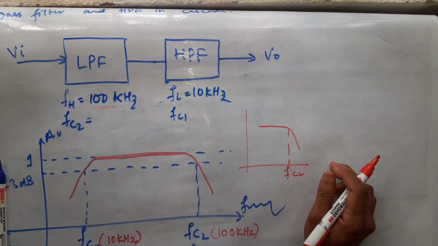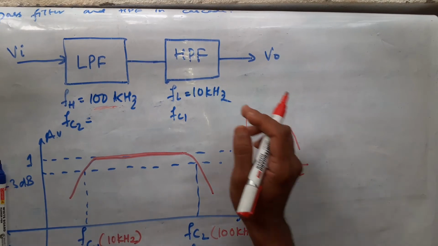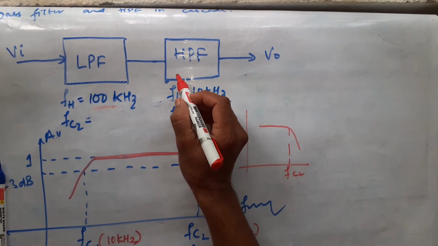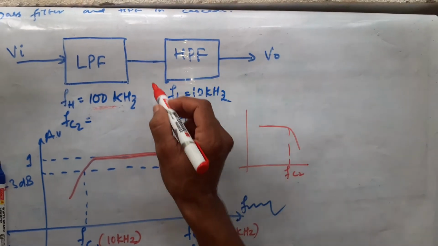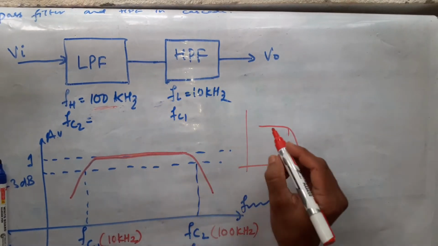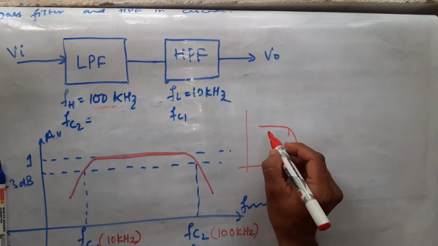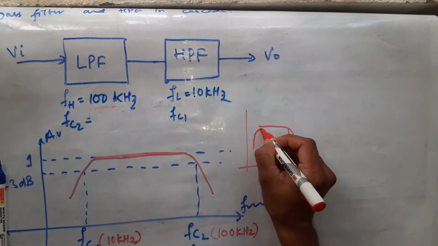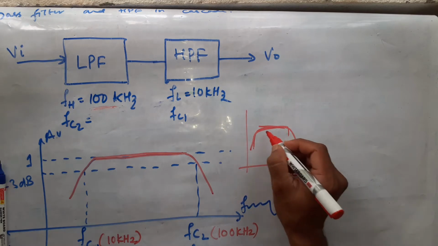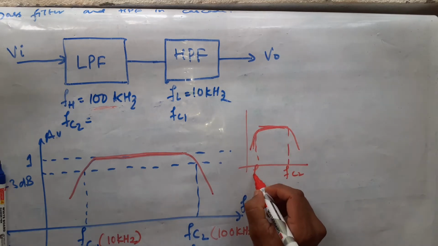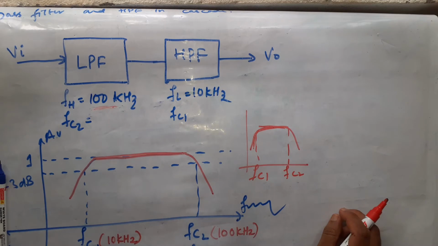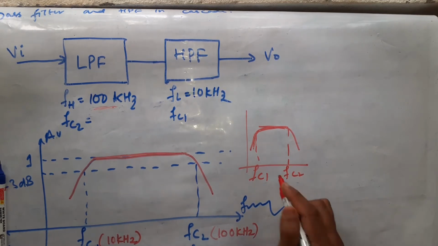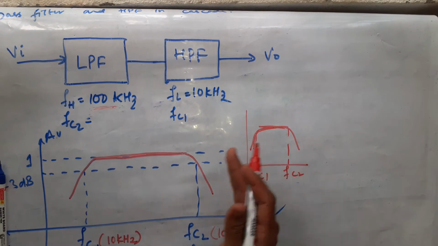And it will block all the higher frequencies. And here we have the high pass filter. The job of the high pass filter is it offers this characteristic, like this. And here we have FC1. So the high pass filter will block all the frequencies below 10 kilohertz.